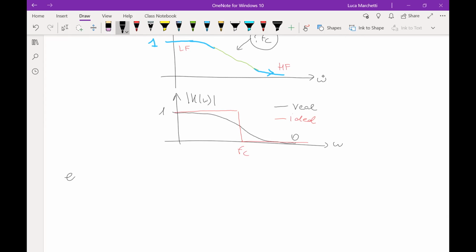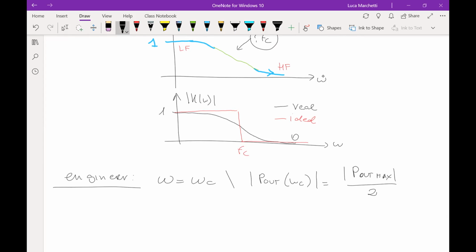So the engineers have defined that the cutoff frequency is the frequency at which the power of the output signal becomes half of the maximum power, P out max divided by 2.